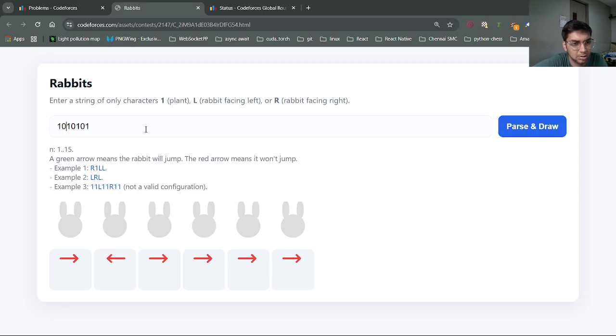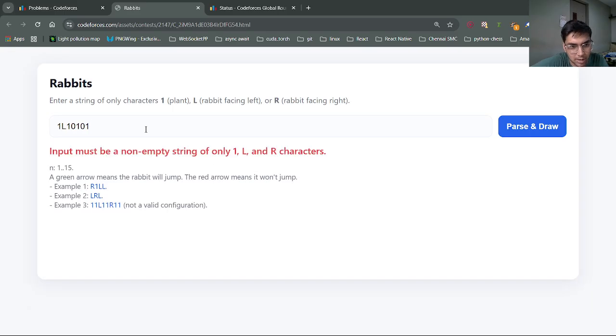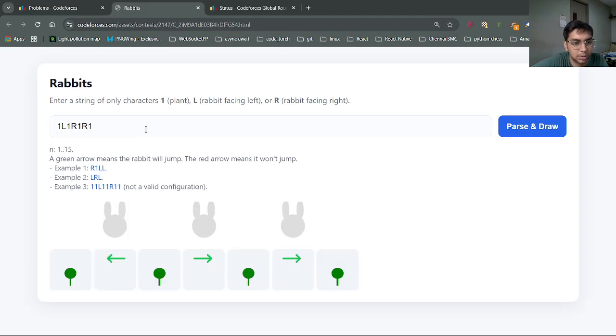So what this means is that this rabbit, you can't say L, right? This rabbit can't, because this rabbit will go here, so you can't do that. Then you need to do R. So you did R. But then you want to ram it with this rabbit to make them break.